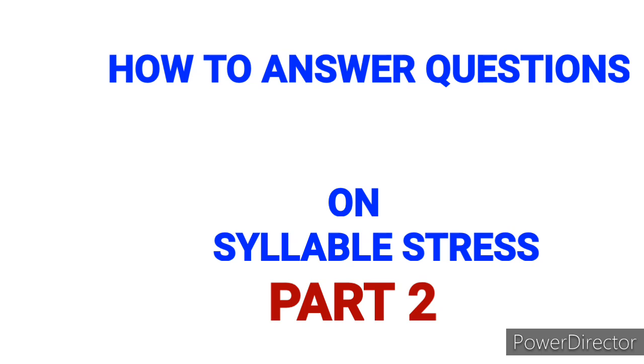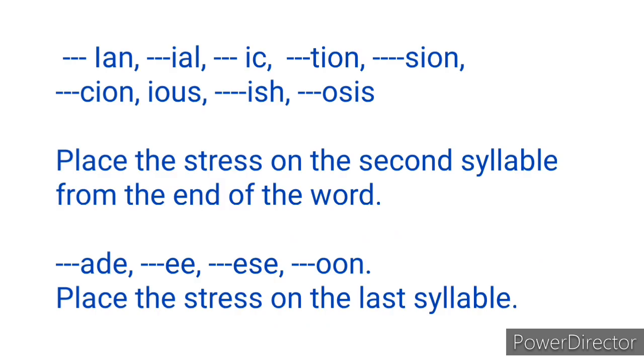In this second part of the lesson, we are going to learn how to stress words that end in IAL, IC, IA, SION, CION, TION, IOUS, ISH, ADE, EE, ESE, and OON.